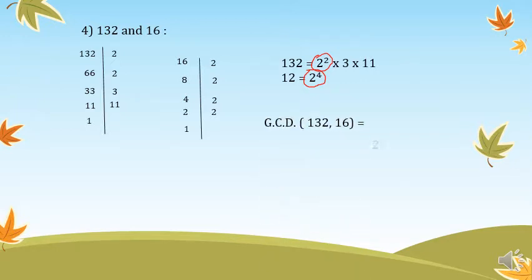So I take 2 squared, and I cross it out. Now the LCM takes the remaining numbers, which are 3, 11, and 2 to the power 4. Okay, and now I'm done.